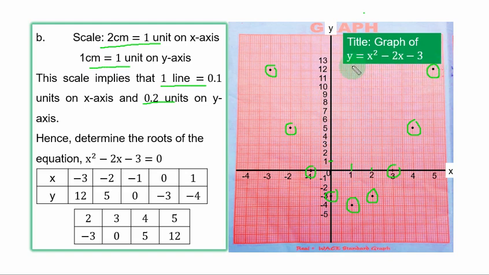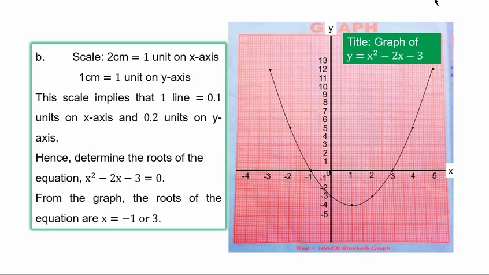You always include the title of the graph. For now, it is the quadratic equation. Next thing is to join the various points together. Now, all the points have been joined together.